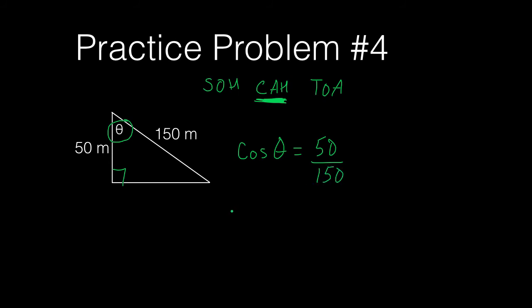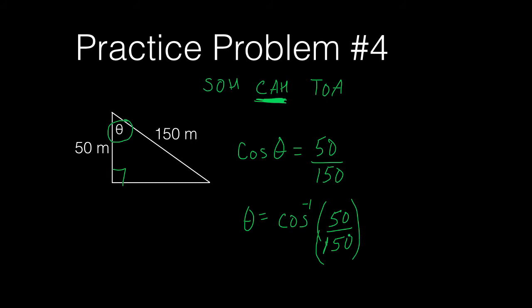Alright, now when you get to this point, we're going to treat theta as x, and so we're just trying to isolate theta and get it by itself. And the only way to do that is what's called the inverse cosine. So theta is going to be equal to cosine to the minus 1 times 50 over 150.